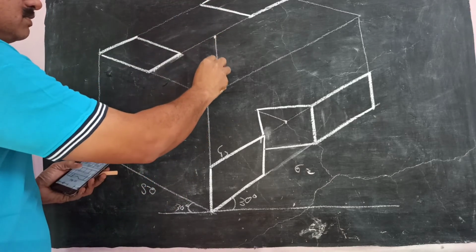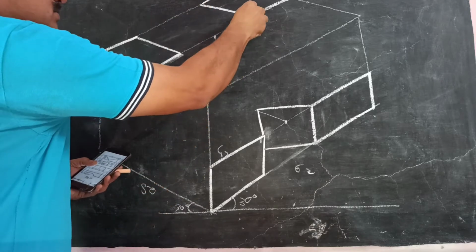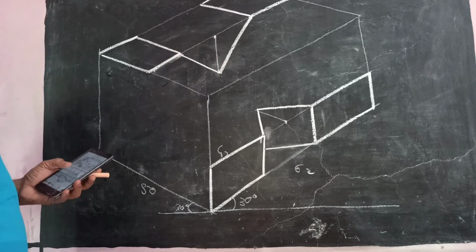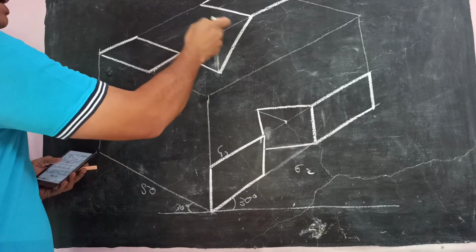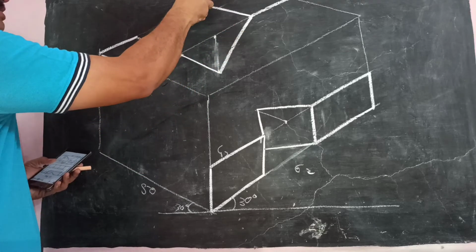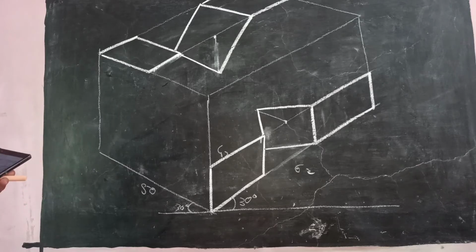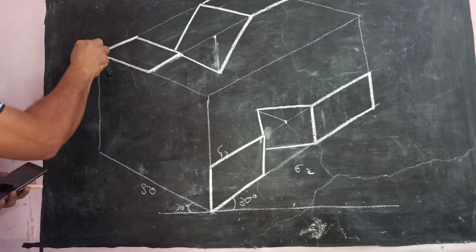So mark the 15 mm parallel to this, join this. This should be right, and from here draw a line parallel to this. So this will be its main groove. Then this will be dark.